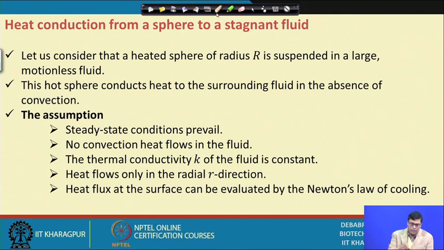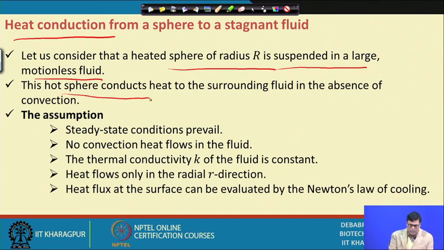Now, before that we discuss heat conduction from a sphere to a stagnant fluid. Let us consider a heated sphere of radius R suspended in a large motionless fluid, and the hot sphere conducts heat to the surrounding fluid in the absence of convection.